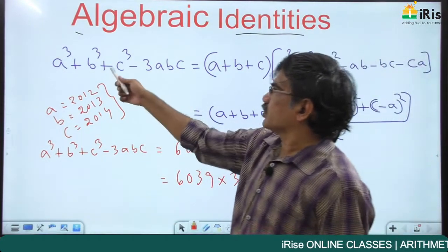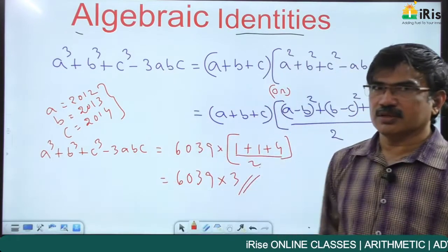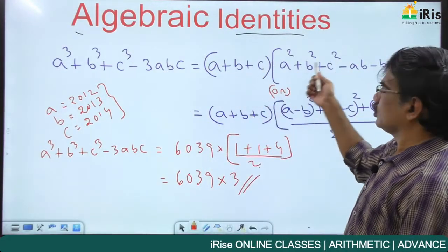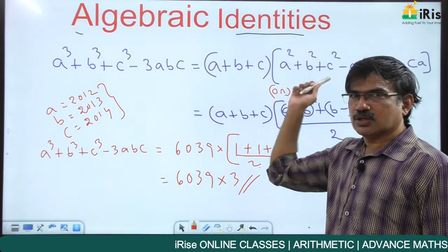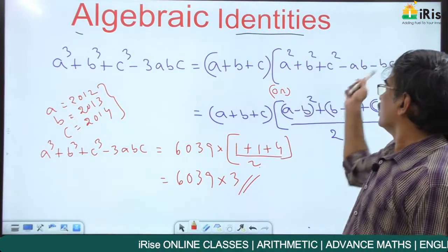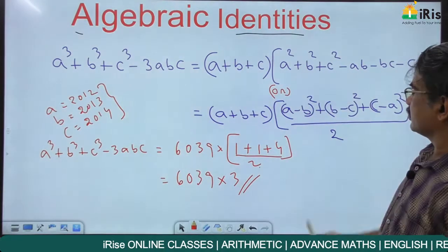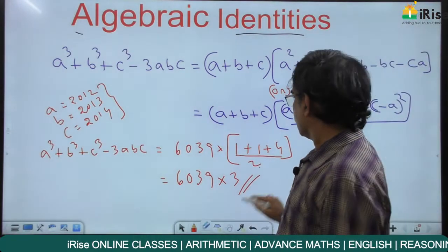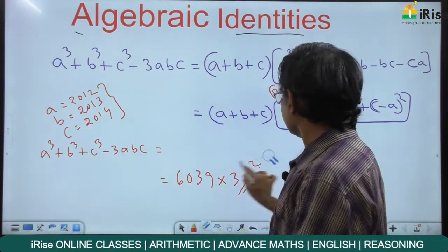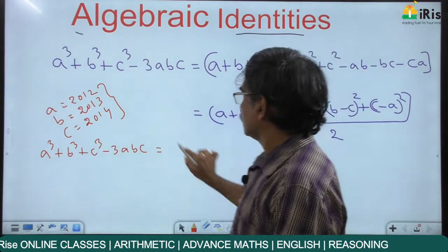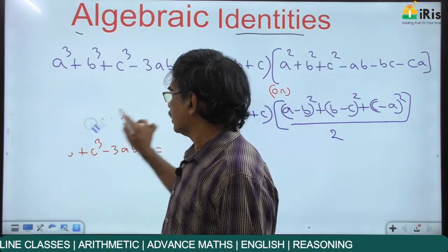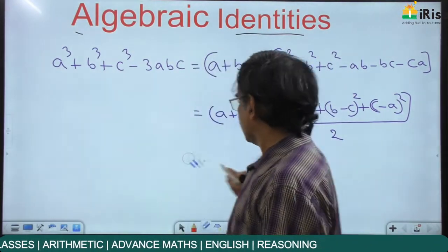So A cube plus B cube plus C cube minus 3ABC is equal to A plus B plus C into A square plus B square plus C square minus AB minus BC minus CA, and this can also be written like this. Next, here I want to give one important point related to this.